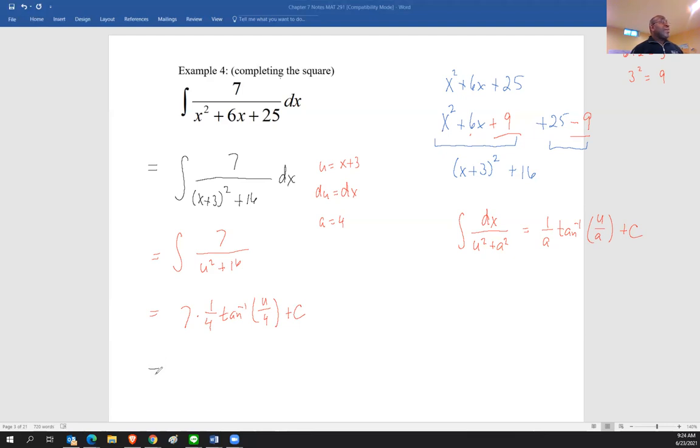And then finally putting it back in terms of x, we'll have 7/4 times the inverse tangent of x plus 3 over 4 plus c. All right, so that's our final result.